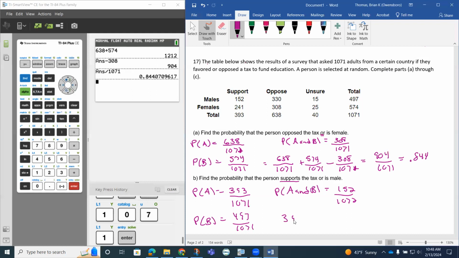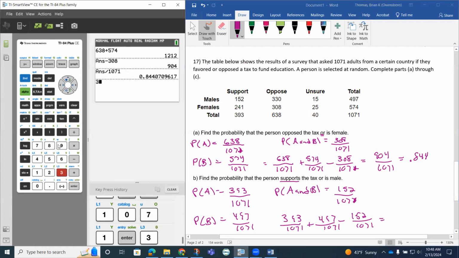What we have then is 393 over 1,071 plus 497 over 1,071, but then we subtract the overlap, since these are not mutually exclusive, the 152 over the 1,071. If we focus on the numerators, 393, add the 497, and then remove the 152 that are in common, that leaves me with 738.